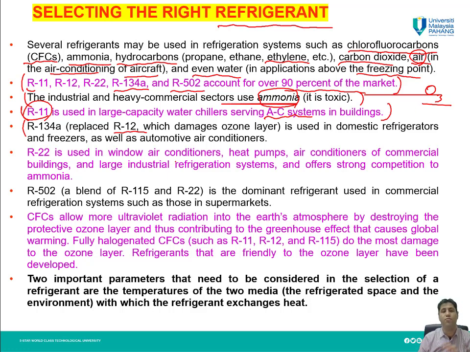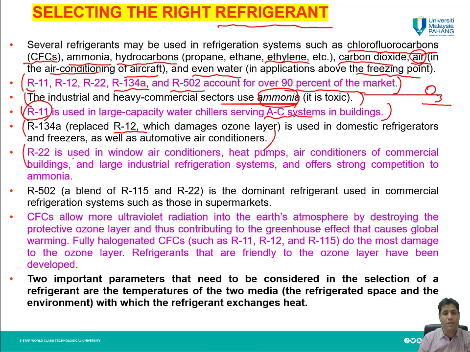I'm not going to go into more detail about how CFCs destroy ozone, but simply, CFC will react with O3 and convert it to O2 and O, and the amount of O3 in the atmosphere will reduce, and ultraviolet radiation will penetrate the atmosphere and reach the surface of the earth, the humans, and it is also a reason for global warming as well.